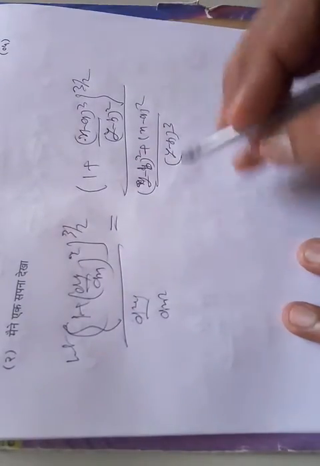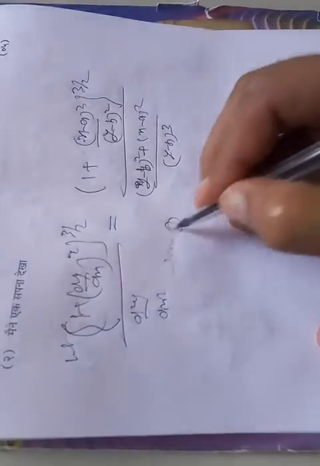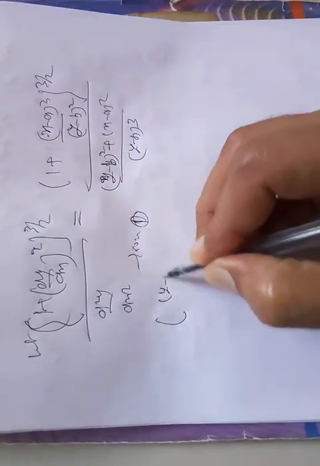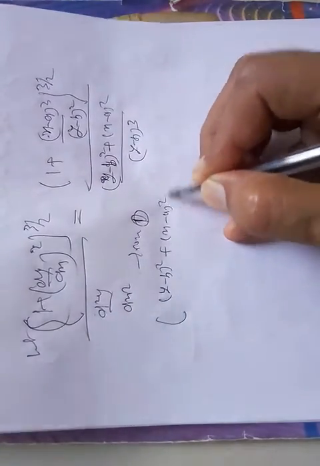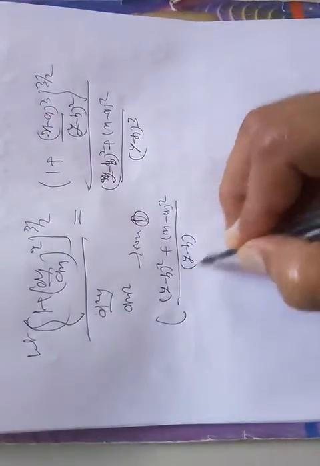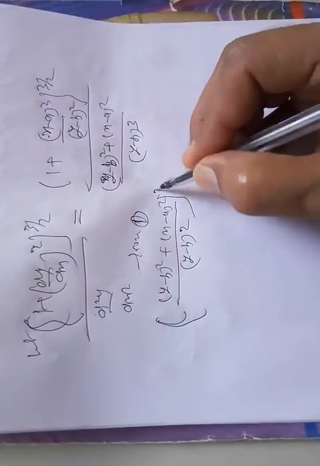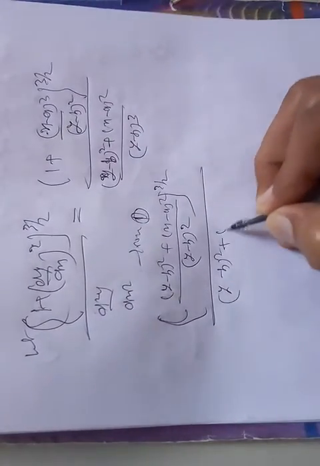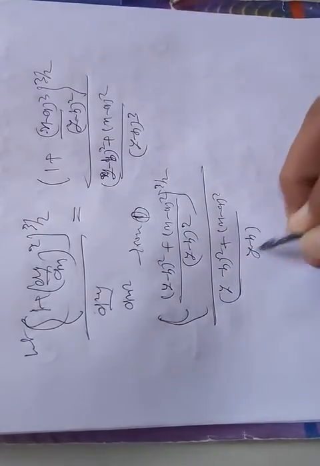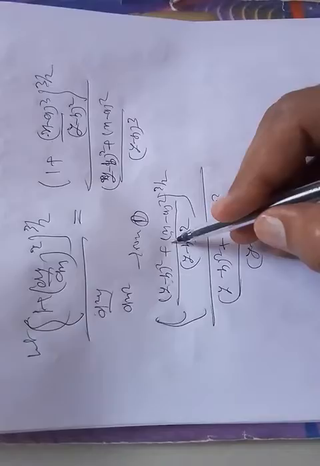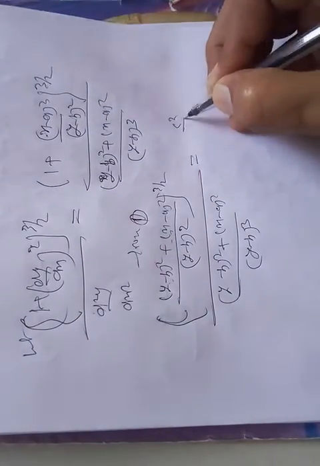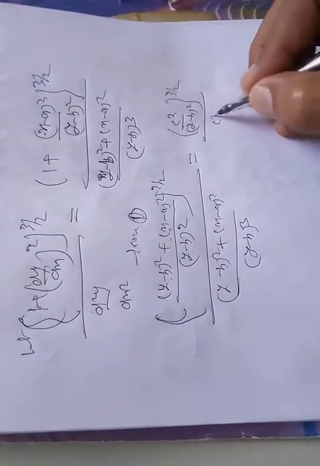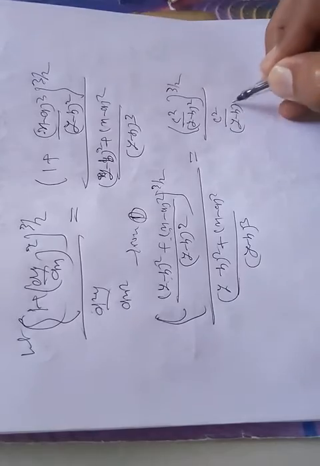From 1, this value equals c square upon (y minus b) square, whole power 3 by 2, and this value equals c square upon (y minus b) whole cube.